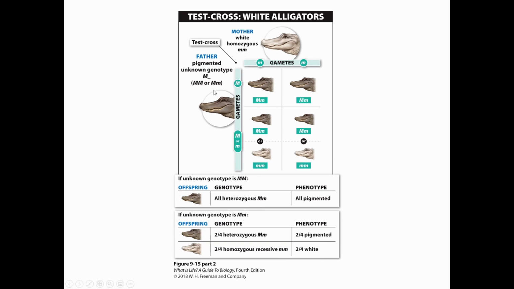So if the genotype of the father is homozygous dominant, then all of the offspring will be pigmented. If the male is heterozygous, then half of the offspring will be pigmented and half will be white. So basically, if you see any of the white offspring in this cross, that tells you that dad is heterozygous. But if all of the offspring have the same deep pigment, then dad has to be homozygous dominant.